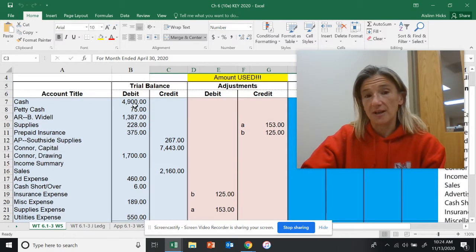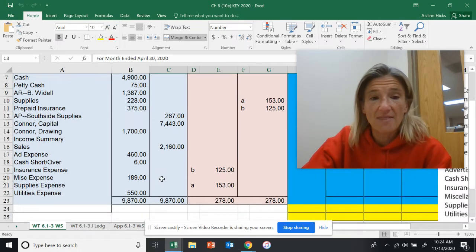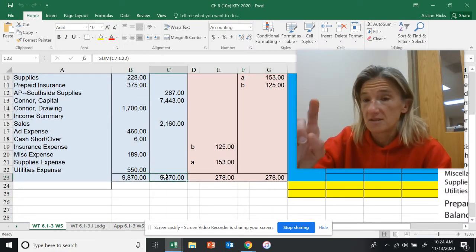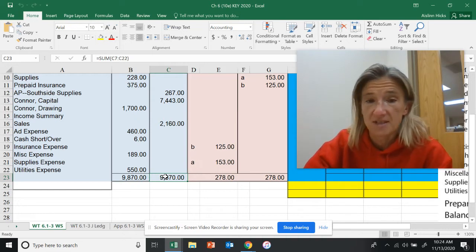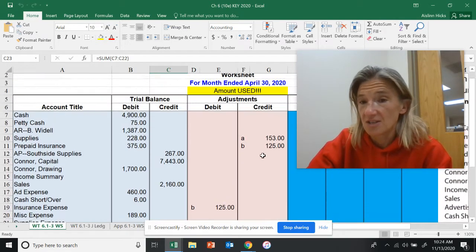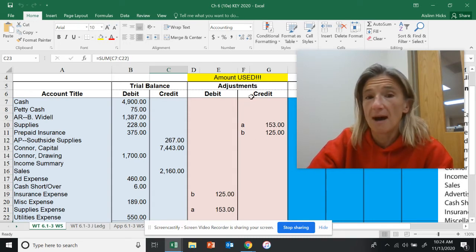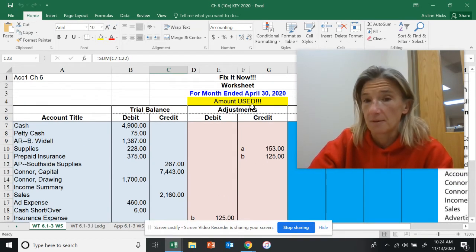You filled in your account amounts. These were given on the right side of my screen. And then you added up and made sure they equal. Step one, make sure the trial balance equals. Then we did our adjusting entries. We'll review those again tomorrow. We figured out the amount used up, okay?